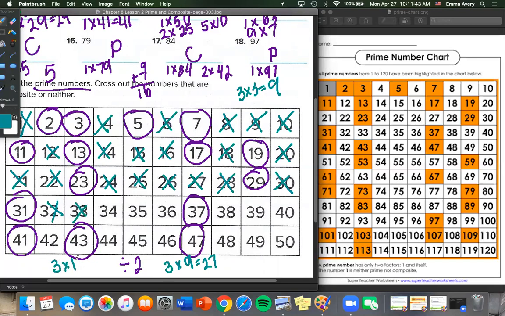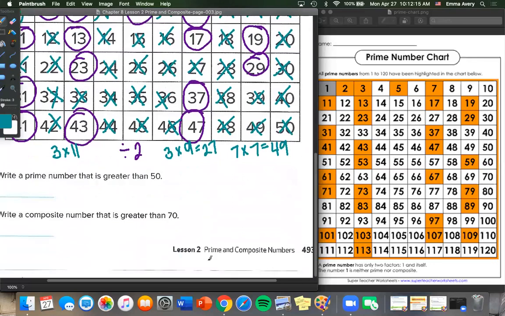It's 3 times 11. 34, 35, 36, 38, 39, 40, 42, 44, 45, 46, 48, 49, 50. And let's look at 49 because that doesn't have a 3 in it, but it can also be 7 times 7 is 49. So that's that second factor.